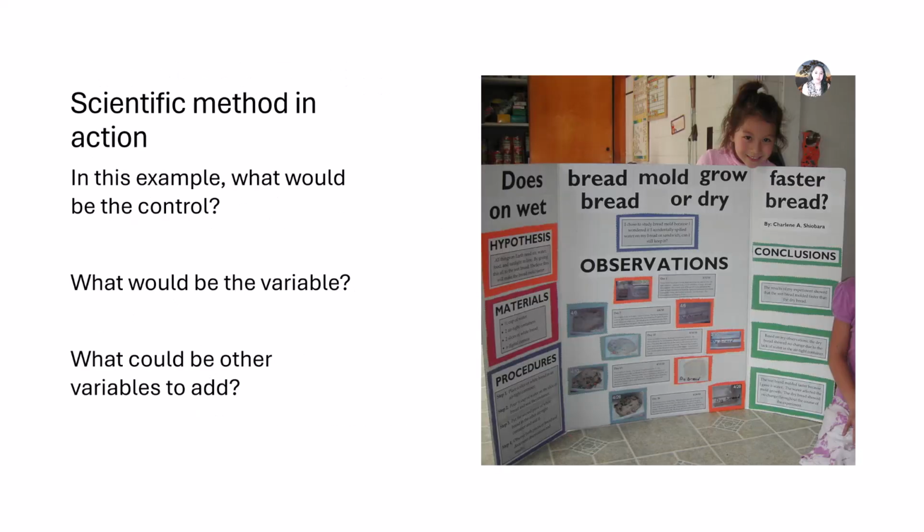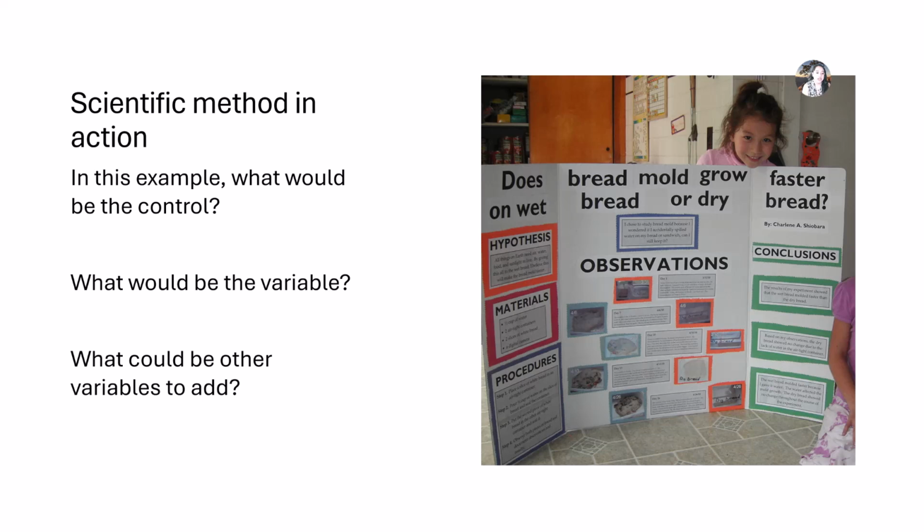So, for example, this is relatively simple, but this is like a little girl's science experiment. And she is doing the scientific method. So her question was, does bread mold grow faster on wet bread or dry bread? So this was her question, and her hypothesis was that she thinks mold will grow faster on wet bread.